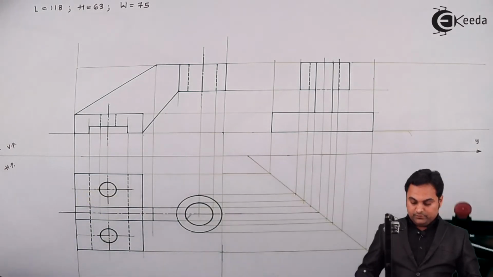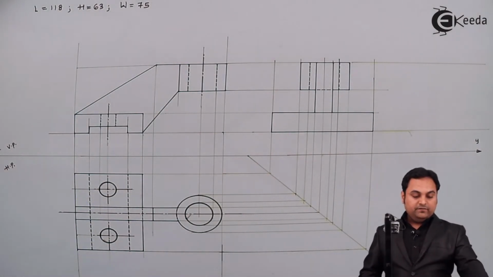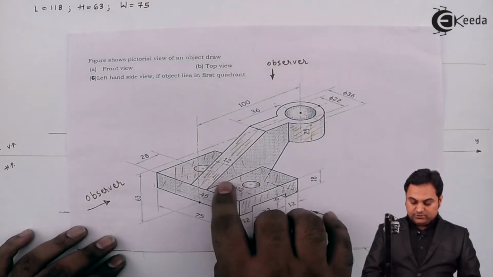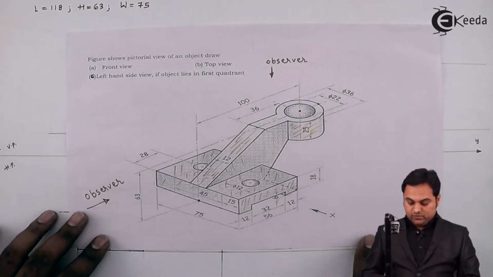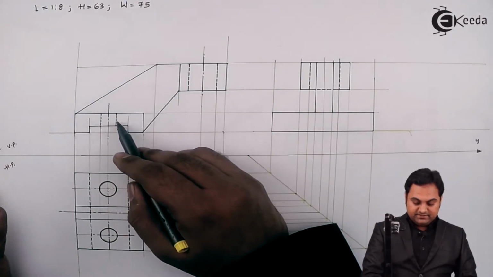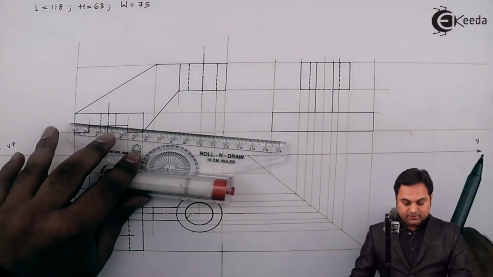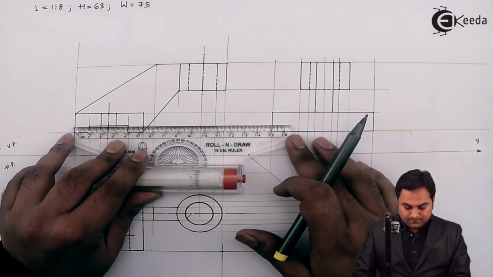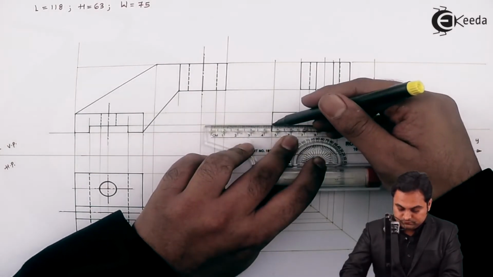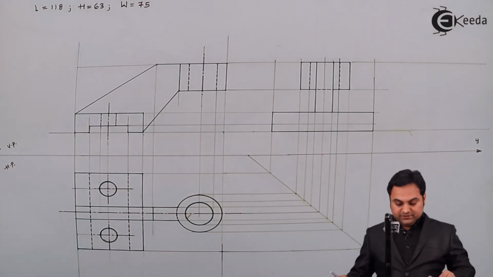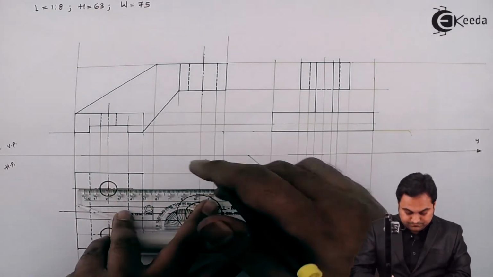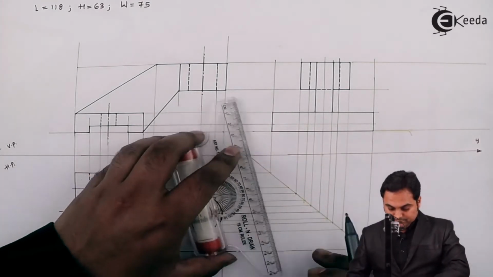This part was left. Now, again, when we are looking from the left hand side, these two circles are also hidden. Height we can get from the front view, and their centers and width we'll get from the top view. The circle is there inside this plate, so its height I'll get from the front view. Then the center of the circle I'll project from the top view, like here, the center of one circle.